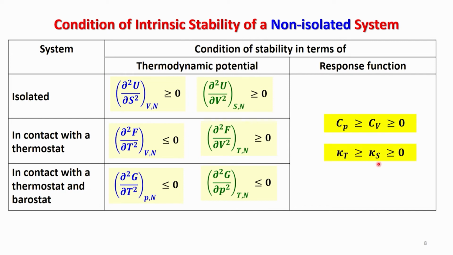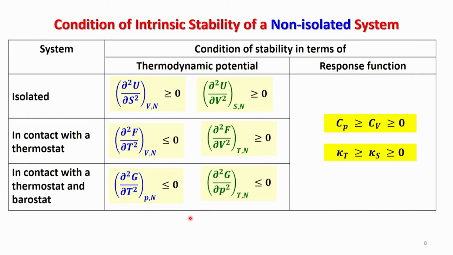Similarly, you can have the condition of stability in terms of compressibility, and compressibility can be measured either under isothermal condition or under adiabatic conditions. You must know that by definition compressibility is measured by varying pressure on the system and noting down the change in volume of the system.